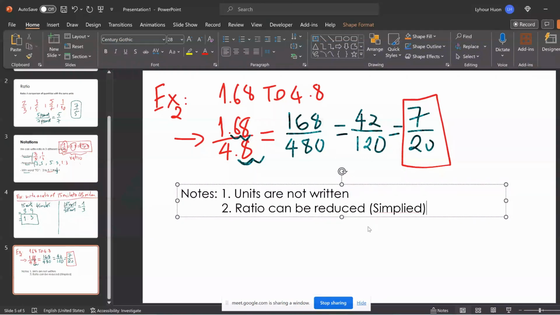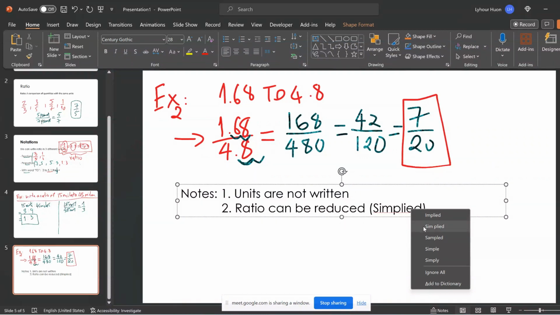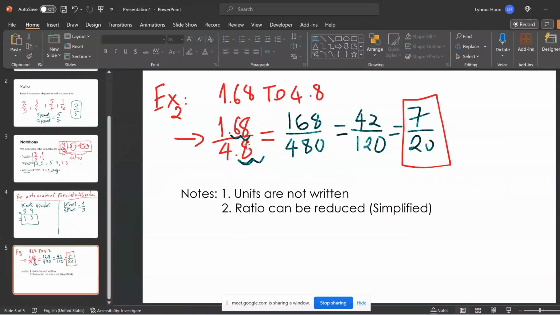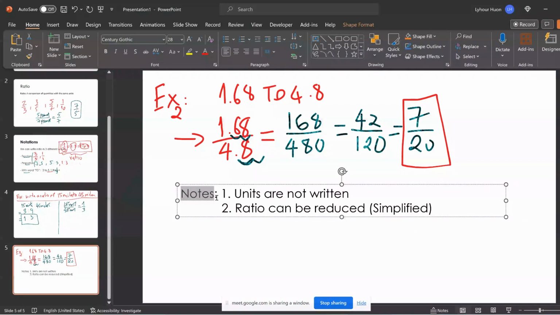We need to simplify the fraction to get the proper ratio. A little note here: when we write a ratio, units are not written, and we simplify the ratios.